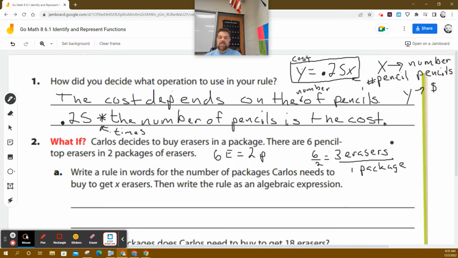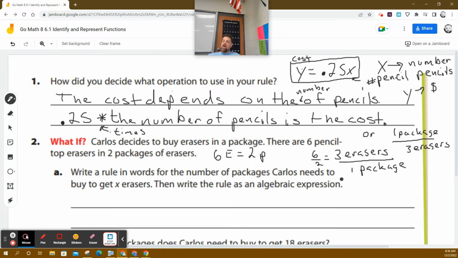Or I could say 1 package per 3 erasers. And we'll talk about that in a second. It really depends on what the question is.